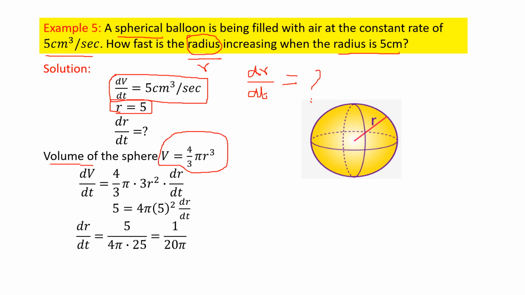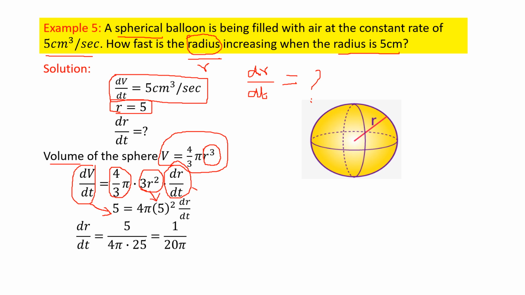This v will become dv by dt. In the right hand side, we have to treat 4 by 3 and pi as constant terms. The derivative of r power 3 will give you 3r power 2. If I apply chain rule, I have to differentiate r also with respect to t. That will give you dr by dt. Now we'll replace dv by dt equal to 5. We'll replace the radius r equal to 5.